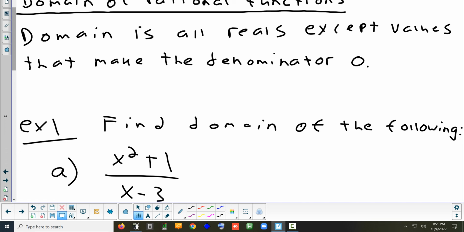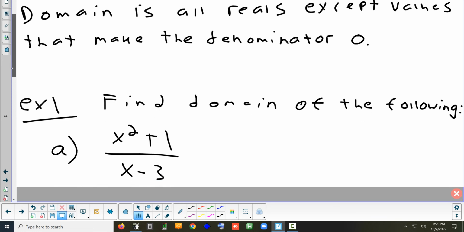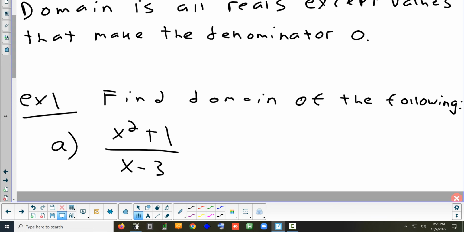So we'll take one of those examples that I had on the previous page, and we'll find the domain. So the example here says x squared plus 1 divided by x minus 3.